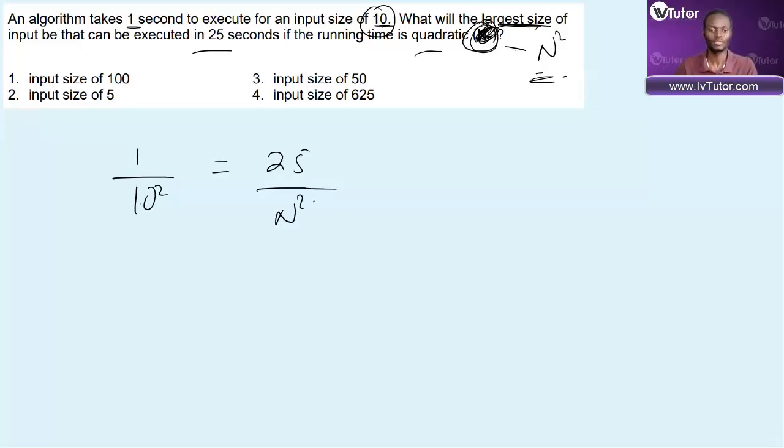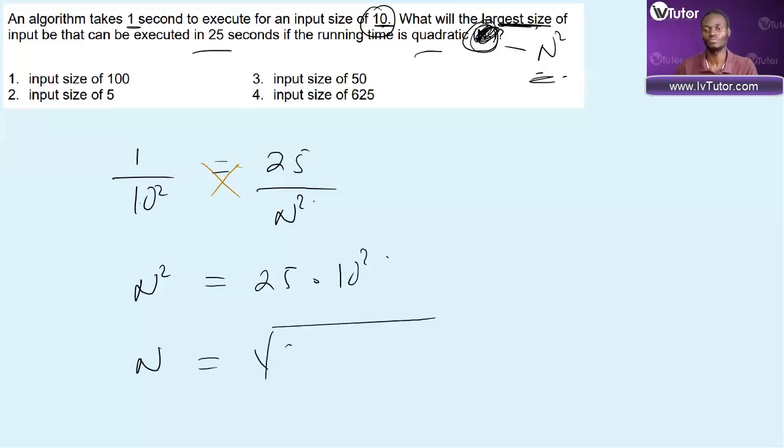Now we need to find n. So if we cross multiply here, we are going to end up with n squared is equal to 25 multiplied by 10 squared, which means your n is going to be the square root of 25 multiplied by 10 squared, which should be 5 multiplied by 10, which gives you 50. Therefore, that becomes your answer.